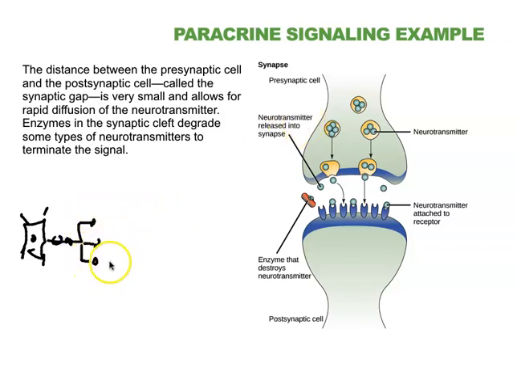What they've drawn here is another cell over here. I don't know what color they're using as a neurotransmitter. They're using green. Let's go to green. What they're saying is that this neuron is releasing this molecule, and this cell has the receptors to that molecule.